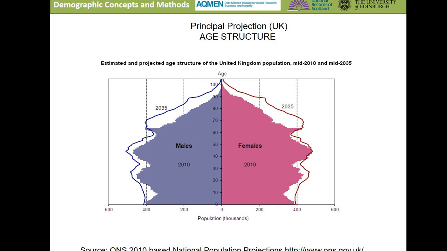So we see population ageing here. An increasingly elderly population structure in the UK is anticipated in the future, partly due to people living longer, partly due to a decline in fertility, so fewer births, but also due to demographic momentum. So the move of these larger cohorts who were born following the Second World War into the older ages.